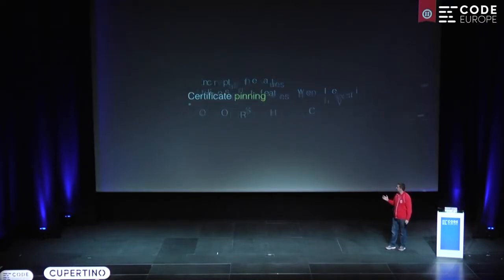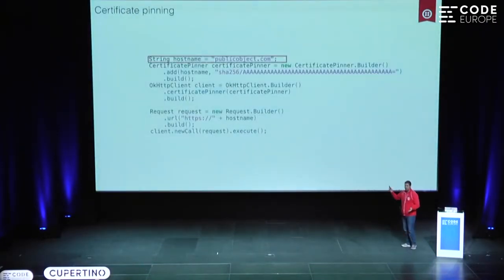And the way certificate pinning works, if you are an Android developer, this is the kind of thing you would do. You have a library, which I think most Android developers use for HTTP requests. It's called OkHttp. You have your public object, so this is your host.